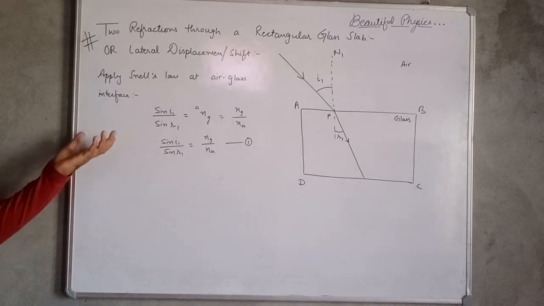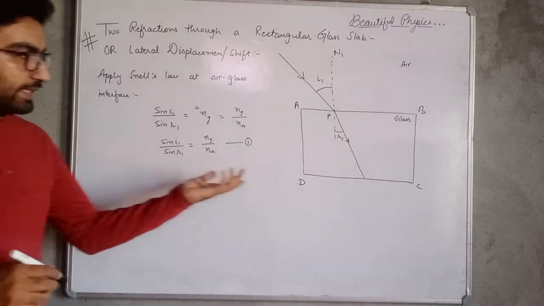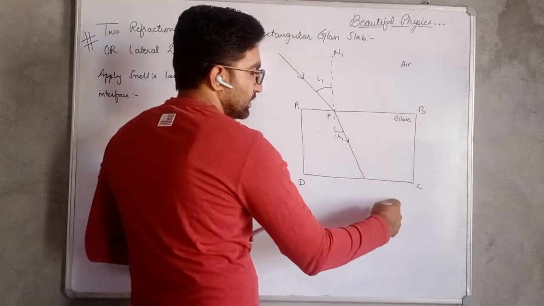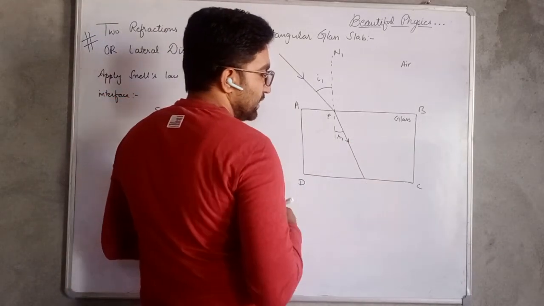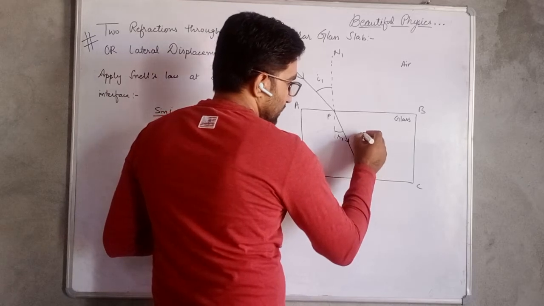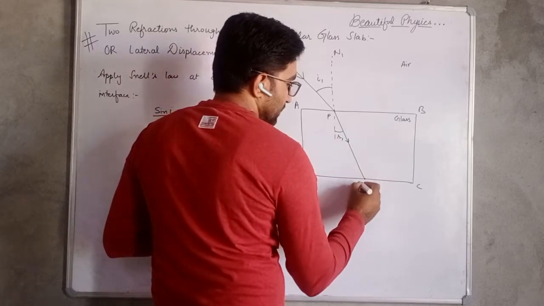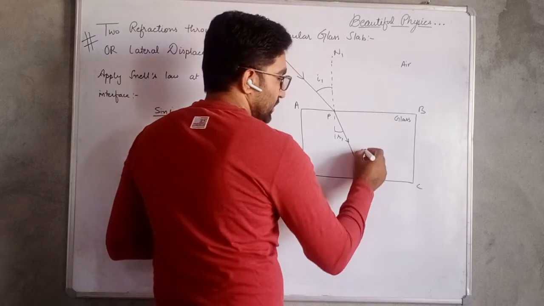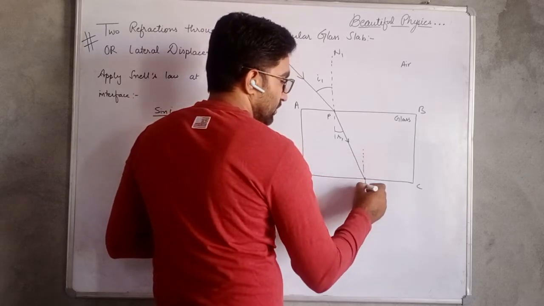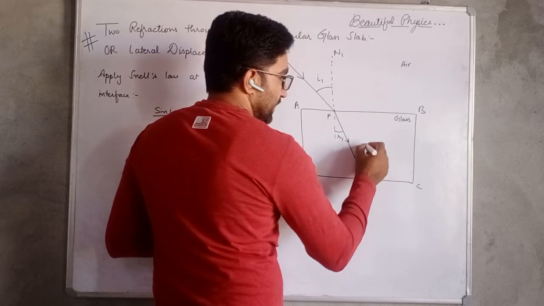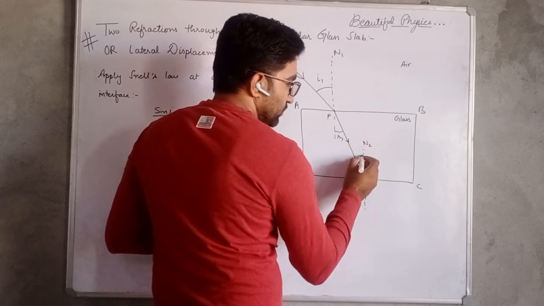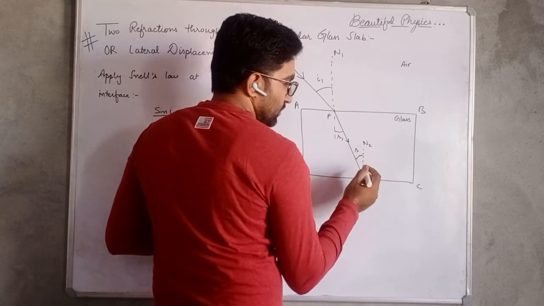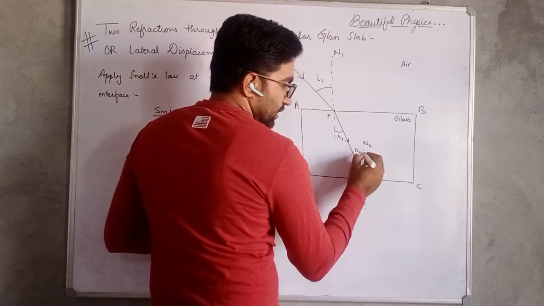And if we talk about the second surface, when light is incident on the glass air interface, suppose this is our point Q, and here we have a normal N2, and suppose here the angle of incidence is R2.